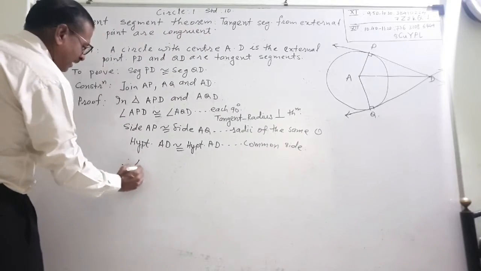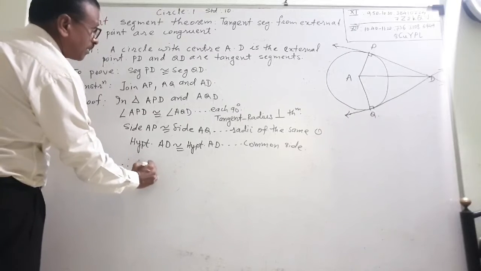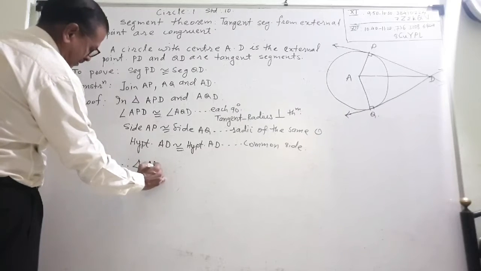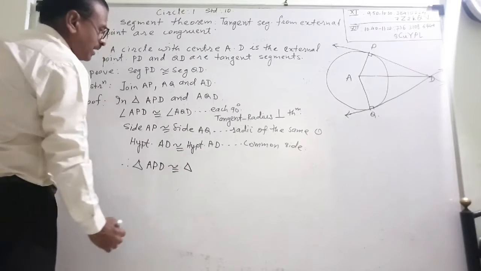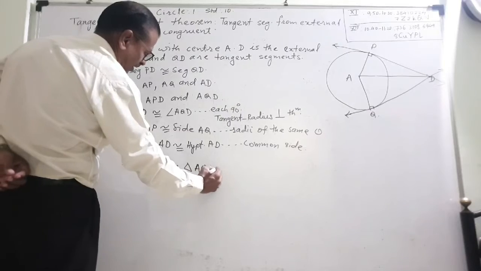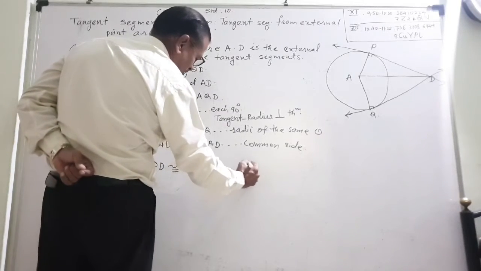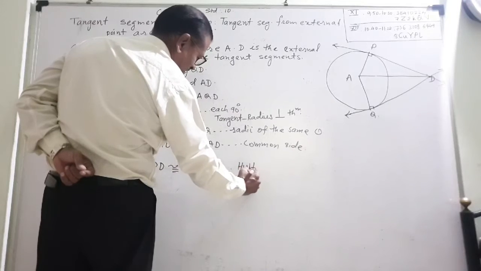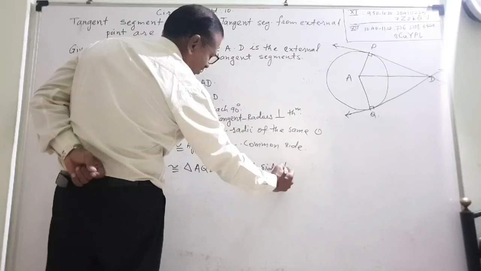Therefore, which are the triangles? Triangle APD is congruent to triangle AQD, by which test? Hypotenuse side test or theorem.